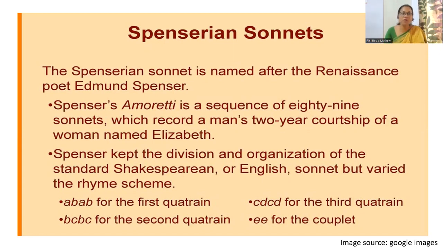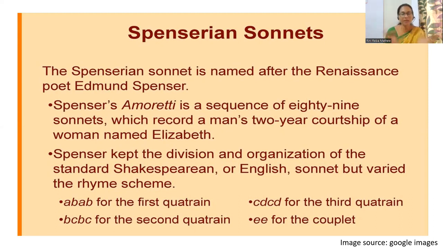The Spenserian sonnet, as the name suggests, was popularized by and named after the Renaissance poet Edmund Spenser. Spenser's Amoretti is a sequence of 89 sonnets which record a man's two-year courtship of a woman named Elizabeth. Spenser kept the division and organization of the standard Shakespearean or English sonnet, but he changed the rhyme scheme.